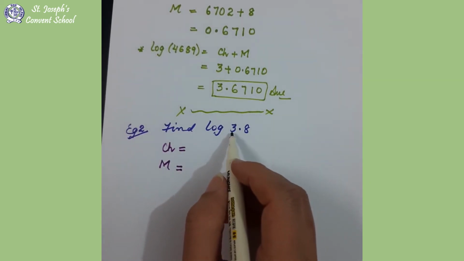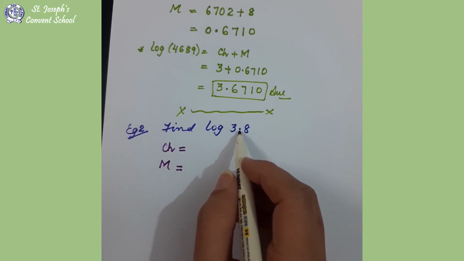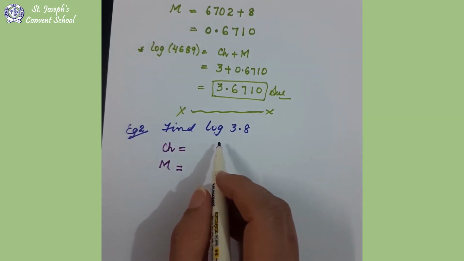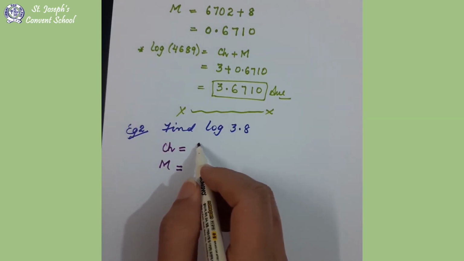In this case the first digit is 3, so you have to shift the decimal after 3. You can see the decimal is already after the first digit, so no need to shift it. If you are not shifting the decimal, it means the characteristic is 0.